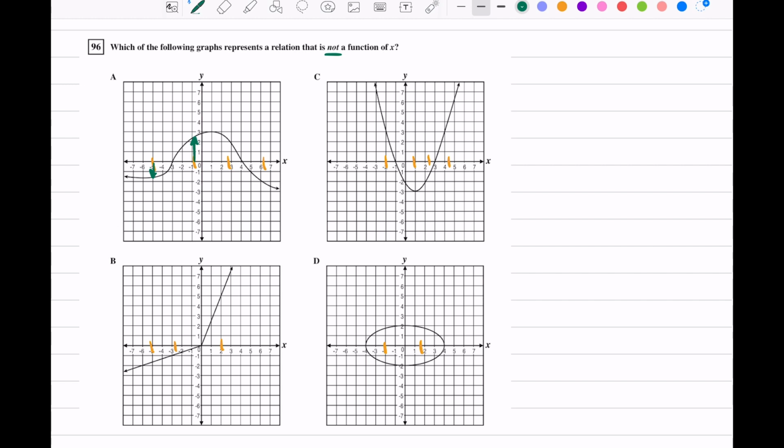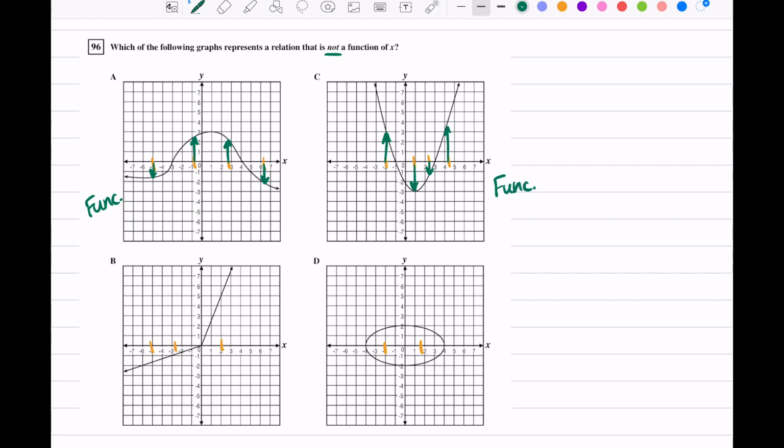Our next one is associated with one y. And so are the other two. So it looks like each x here is associated with one y, so this would be a function. So let's mark it as function. Our second graph, our first x is associated with one y, our second x, and our third, and our fourth are all associated with one y. So it looks like this is a function.